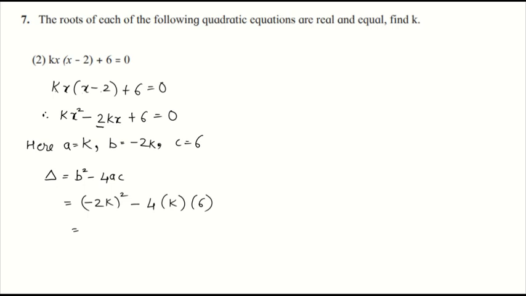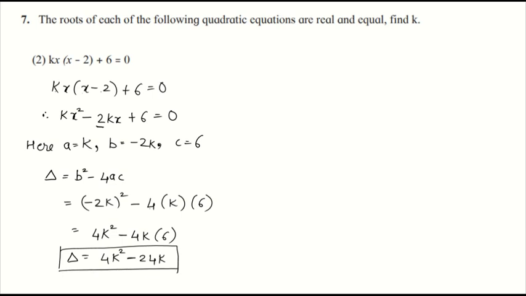Minus into minus is plus, 2 into 2 is 4, k square. k into k is k square, minus 4 into k is 4k into 6, is equal to 4k square minus 4k into 6, 6 4s are 24. Minus into plus is minus 24k. Therefore, we got delta as 4k square minus 24k.